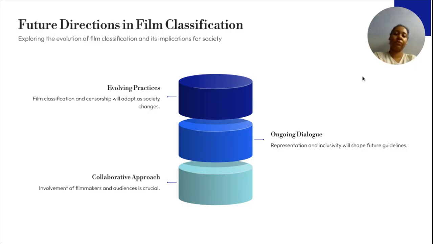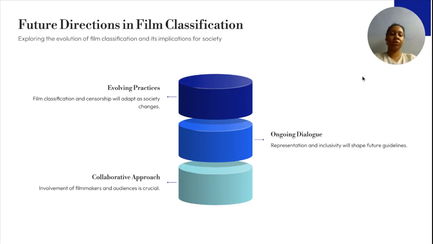So there is a collaborative approach, so involvement of filmmakers and audiences is crucial. So the filmmaker will have more of a say, I think, and audiences will both have more of a say on what they deem as appropriate, or what the classification would be for those films.